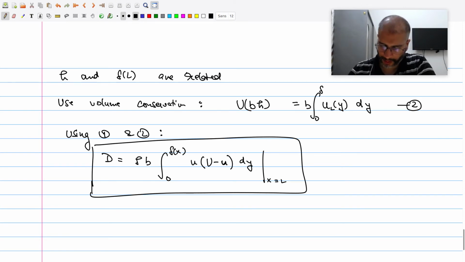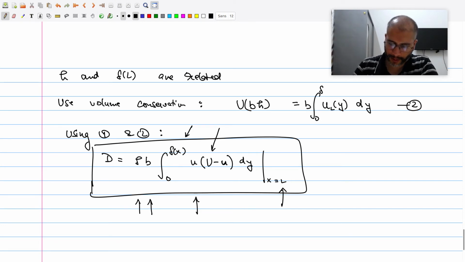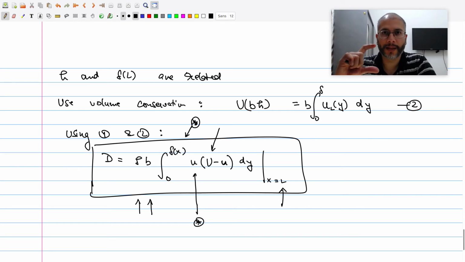Okay, so what you can see is it has density, the plate width, it has the boundary layer thickness delta, which at this stage is unknown. We still haven't got any relation for delta. It depends on u. Again, u profile is not known. Capital U is known because capital U is the free stream velocity, and the length of the plate is known. Okay, so there are two things which are required, the thickness of the boundary layer, and the velocity profile small u.